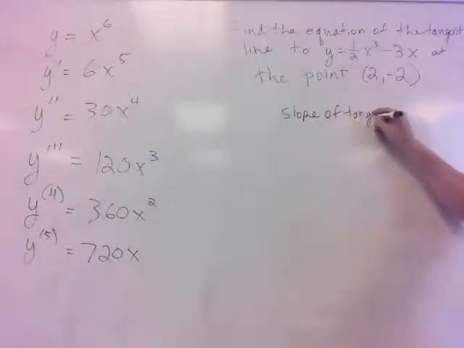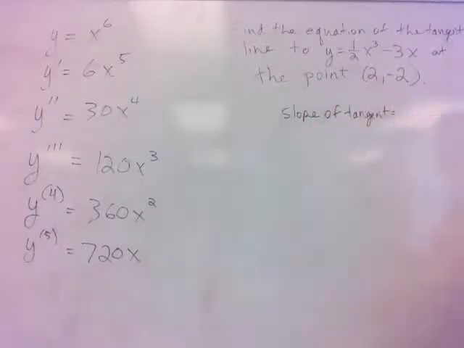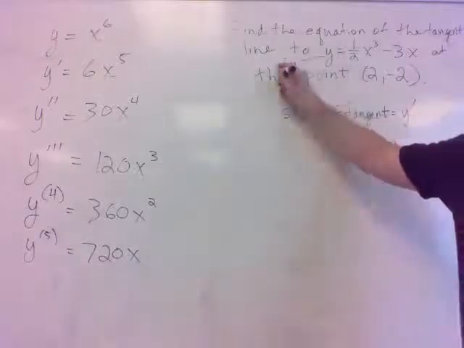And we now know, we've seen it several times now, the slope of the tangent line is equivalent to what? The derivative, right? The slope of the tangent line is the derivative at whatever point you're talking about. So this is another derivative problem. I need to find the derivative.